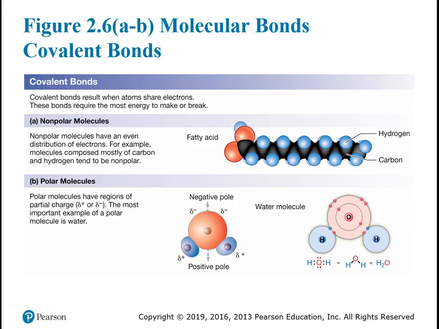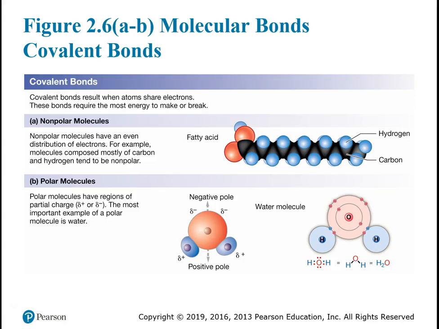So this is just another way of looking at nonpolar and polar covalent bonds. Nonpolar have an even distribution of electrons, so it gets shared equally, and polar molecules end up having partially charged positive and negative regions, and we do see that with water. Water is a polar molecule.